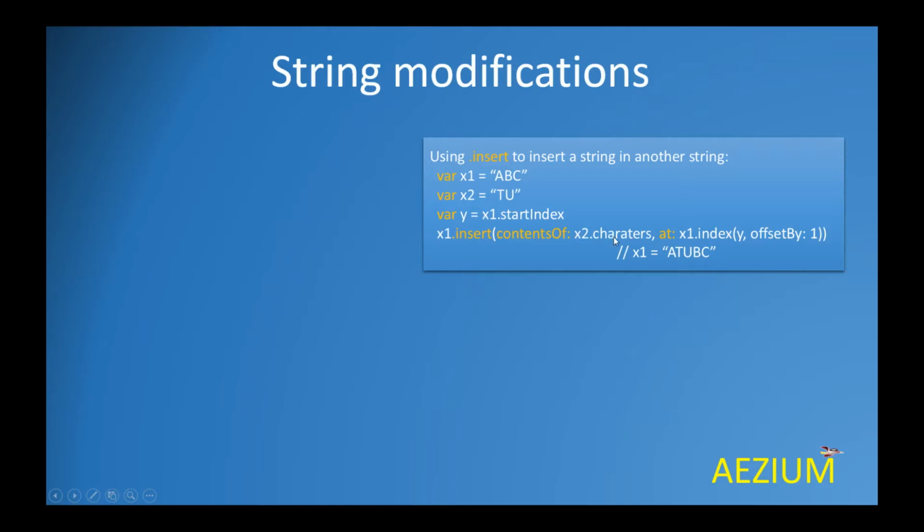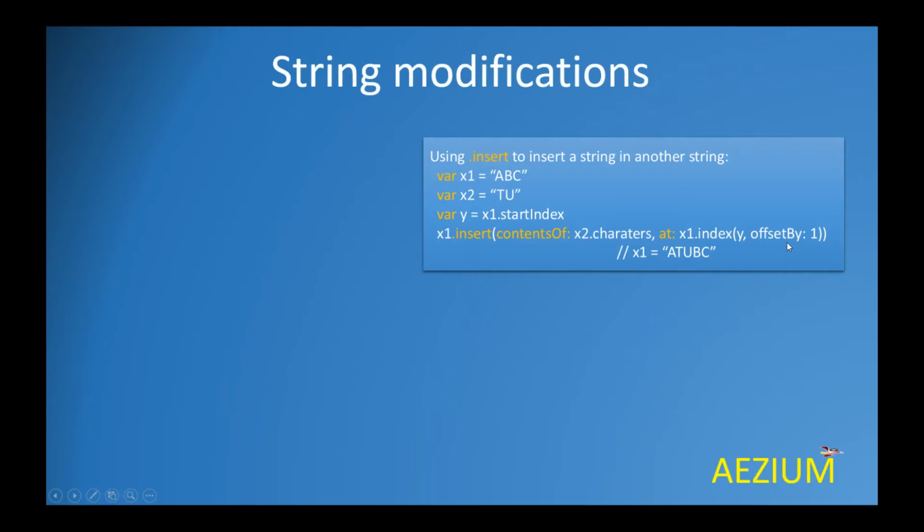So x2.characters are actually the characters of string x2, which are used as the first argument of insert. So contents of, and these would be the characters of the string that we want to insert into the first string, followed by comma, at, which is a keyword, colon.